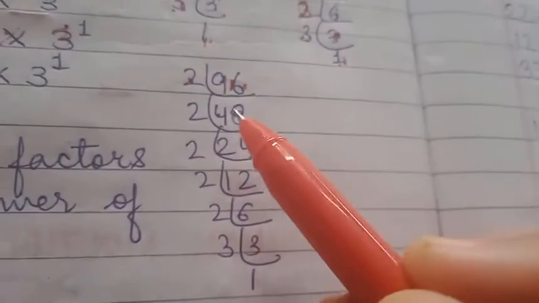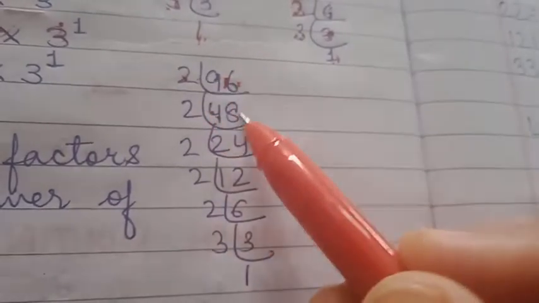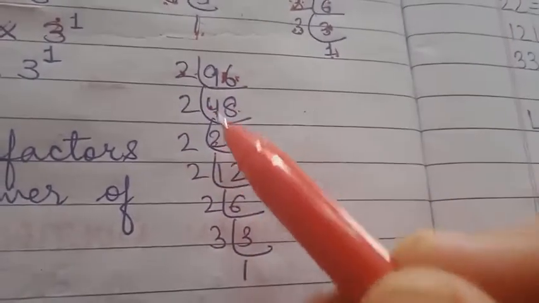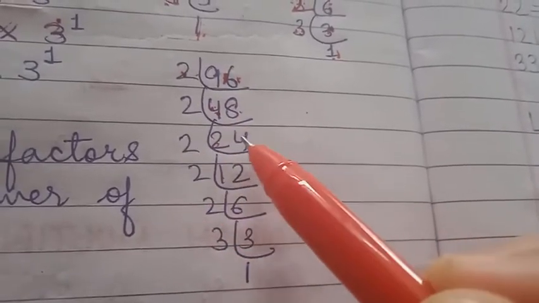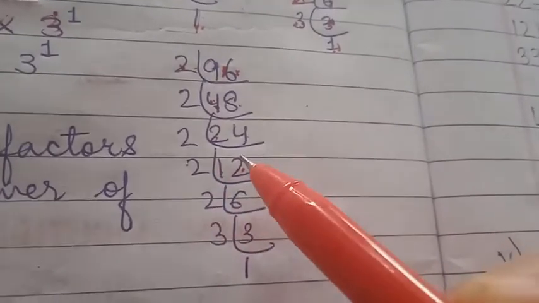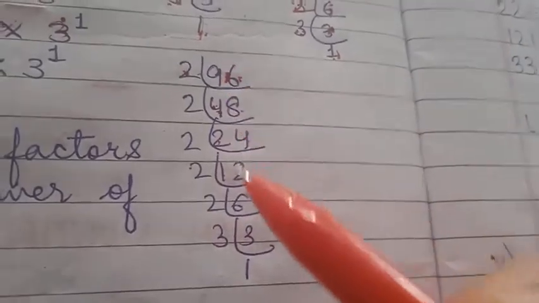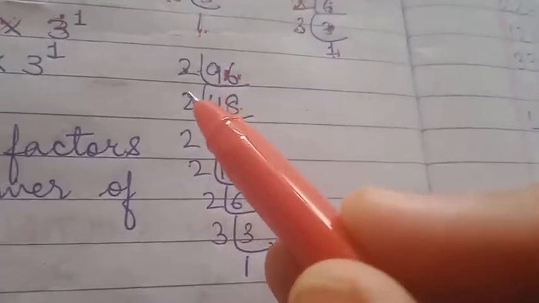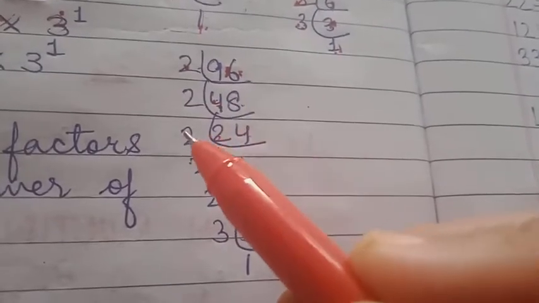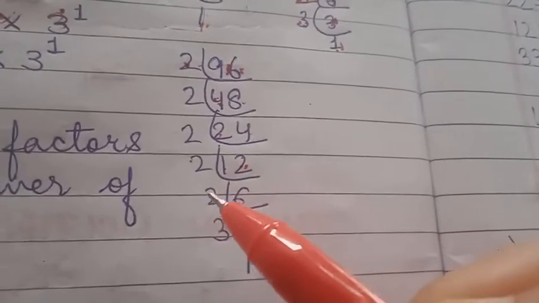It is nothing but division. 96 divided by 2, 48. 48 divided by 2, 24. 24 divided by 2, 12. 12 divided by 2, 6. 6 divided by 2, 3. 3 divided by 3, 1.